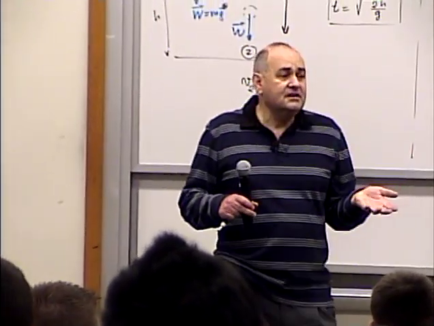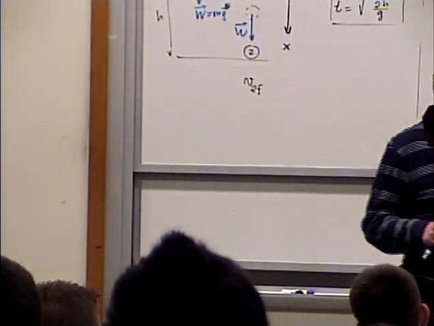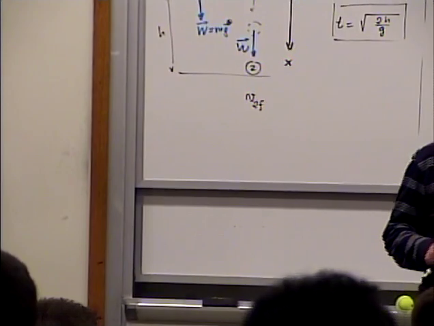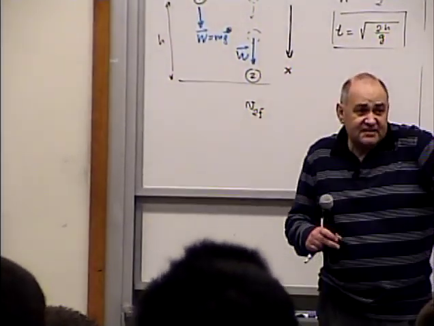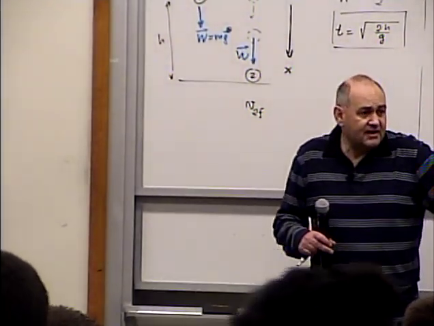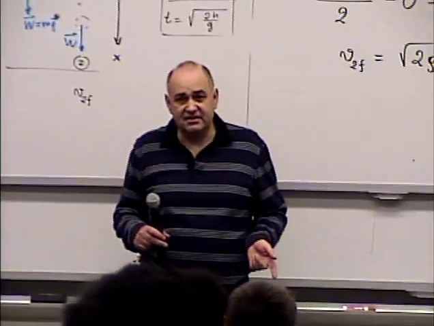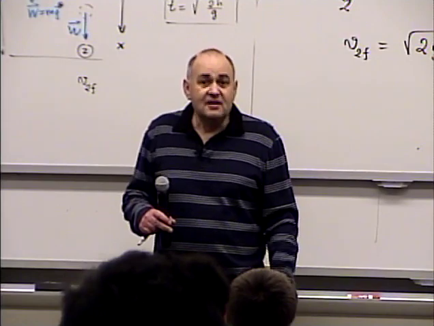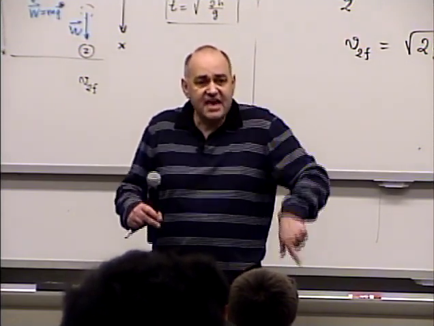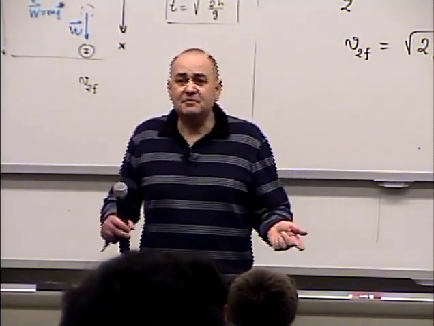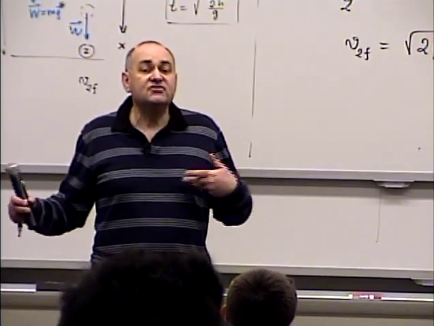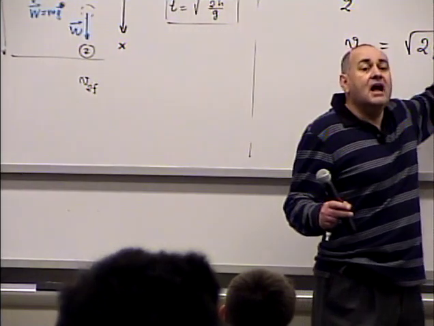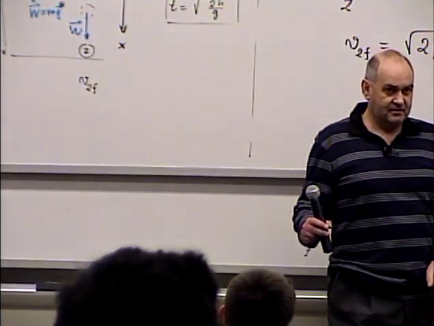If we integrate, the result will be the scalar product of force and displacement. Now the force is down, the displacement is down, so the scalar product of those 2 is going to be positive. The magnitude of the force is mg, the magnitude of the displacement is h, and then I multiply by cosine of 0 degrees. So work is mgh. I didn't do it that way.